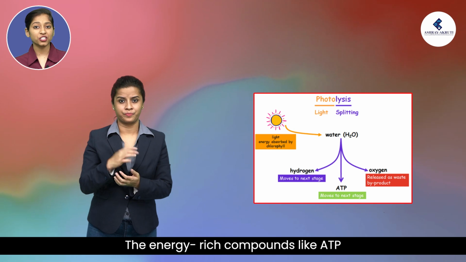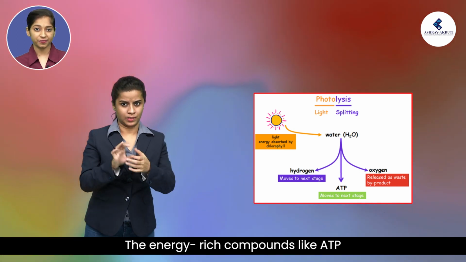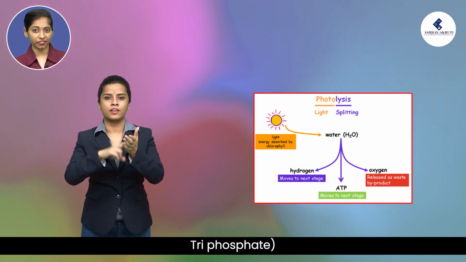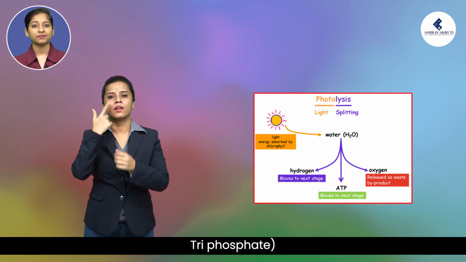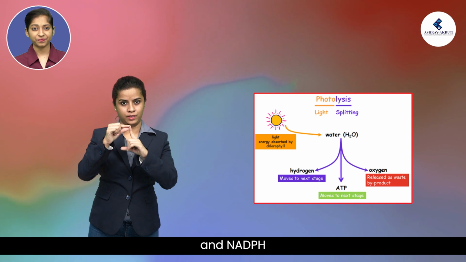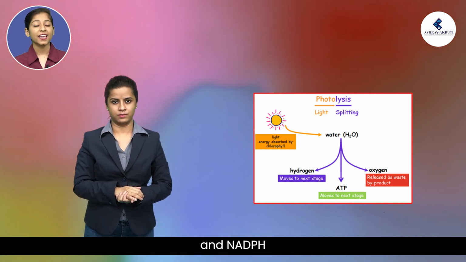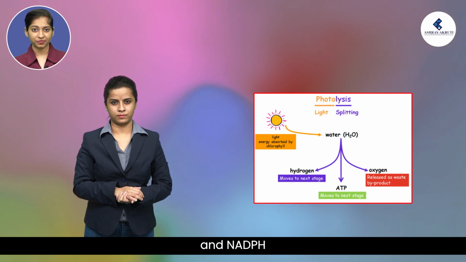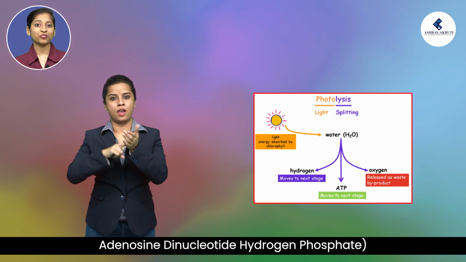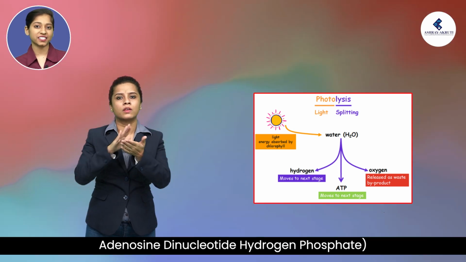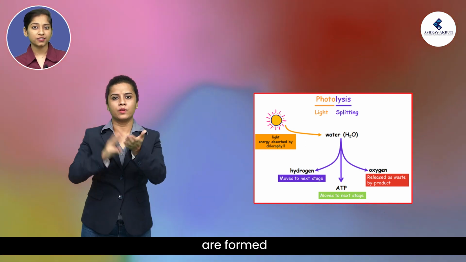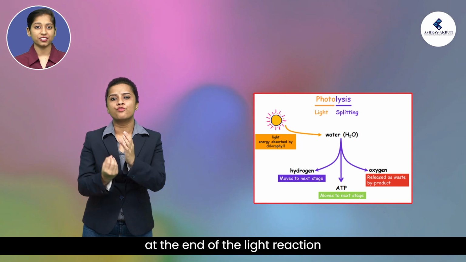The energy-rich compounds like ATP, adenosine triphosphate, and NADPH, nicotinamide adenosine dinucleotide phosphate hydrogen, are formed at the end of the light reaction.